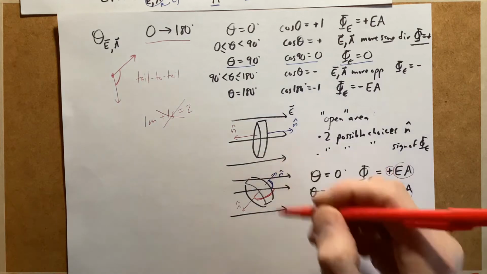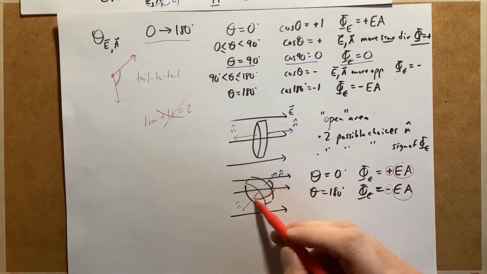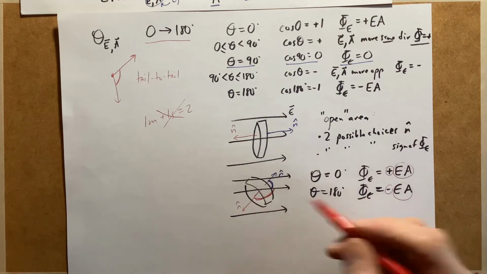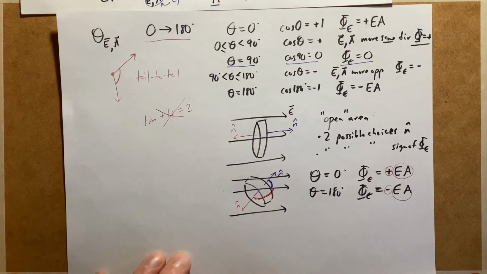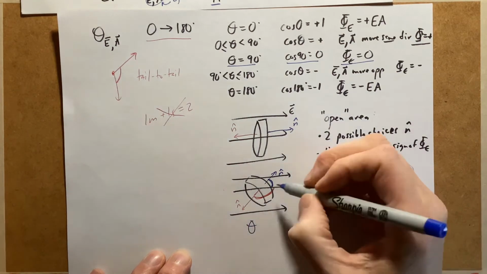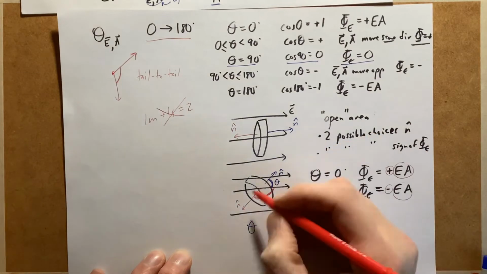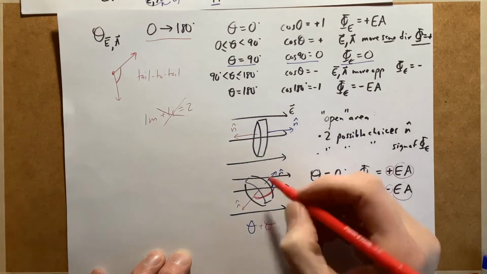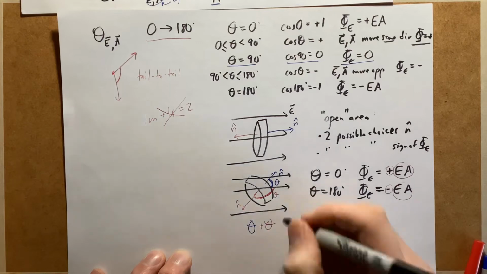And here you can see that the blue angle and the red angle are supplementary. Supplementary meaning that the two angles add up to 180. You may remember complementary angles add up to 90, but we're talking about the blue angle, theta, and the red angle, theta, which actually add up to 180 degrees.